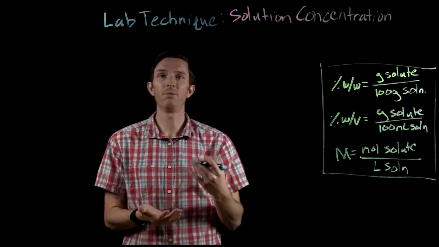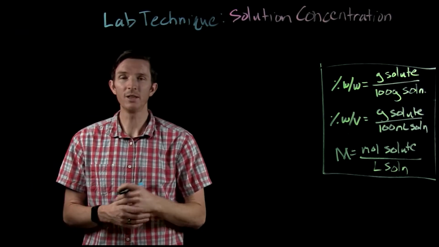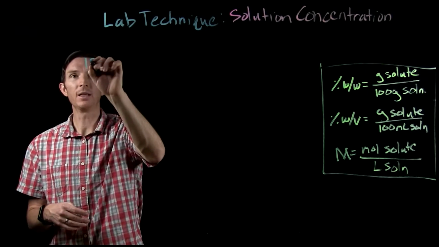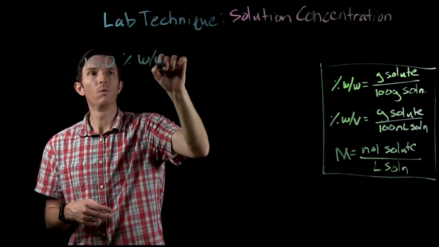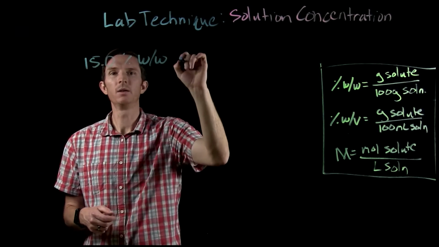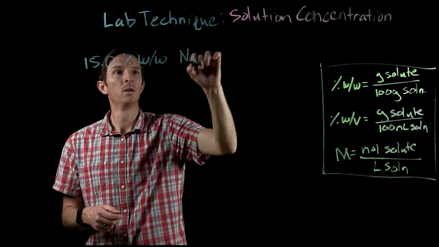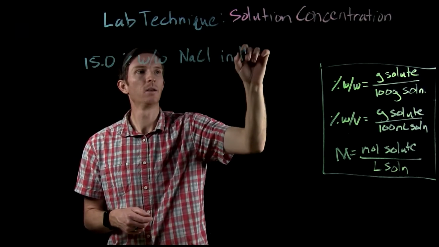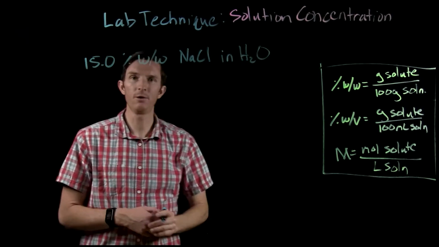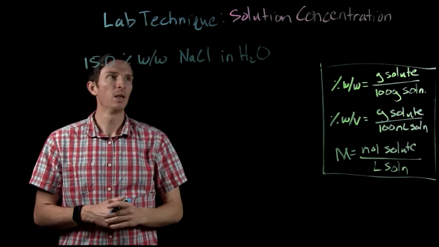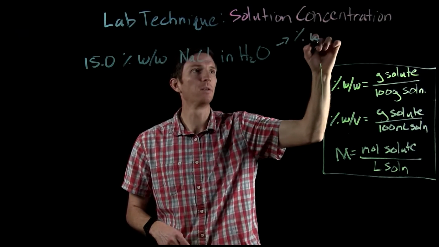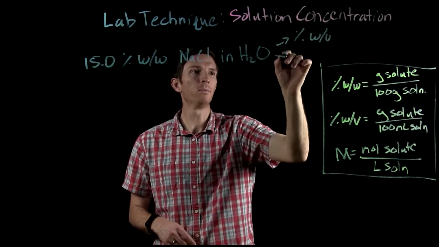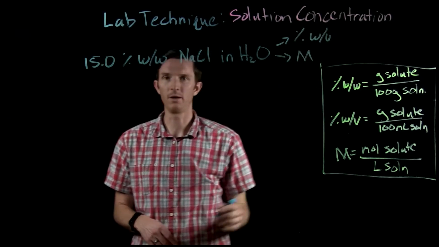So I want to look at an example of how we convert between these. Let's say we have something that is 15% by weight, so weight of sodium chloride, and that's an aqueous solution, so it's in water. What we want to do is find out what is the percent by volume and what is the molarity.